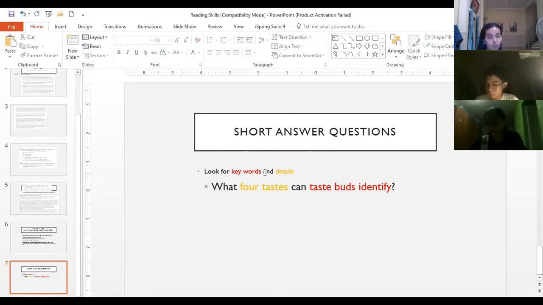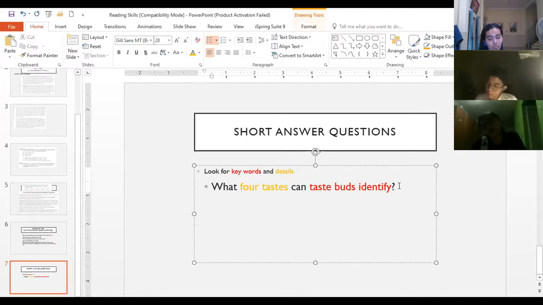Okay, so you look for keywords and details. That's how you can get the answers. Keywords are like clues, and details are what you need to answer. Number two, how many taste buds do non-tasters have? What are the keywords, and what are the details? Keywords are taste buds of non-tasters, and the detail is how many.